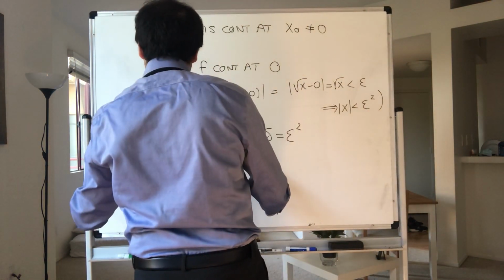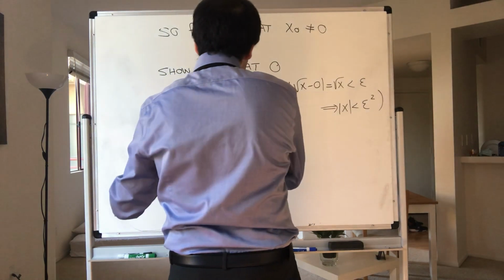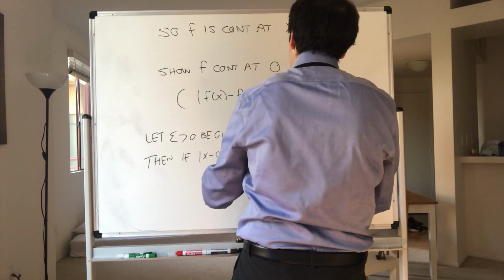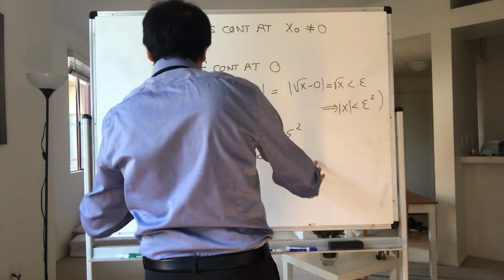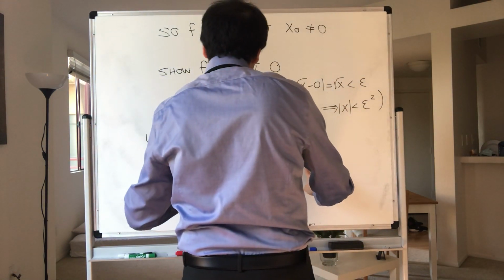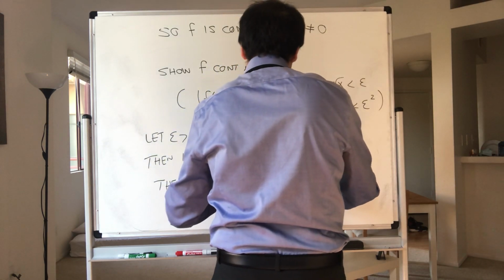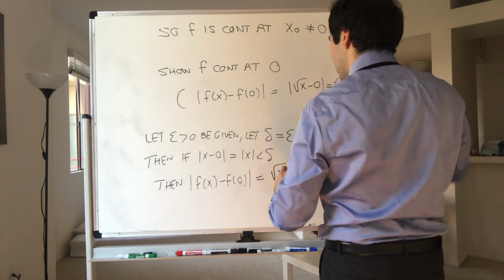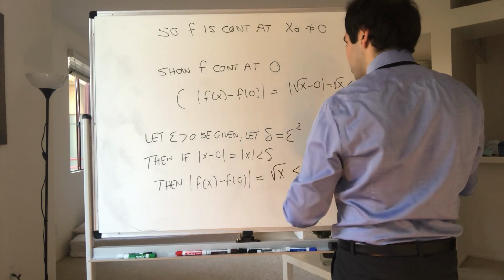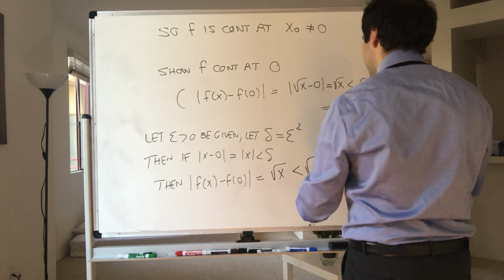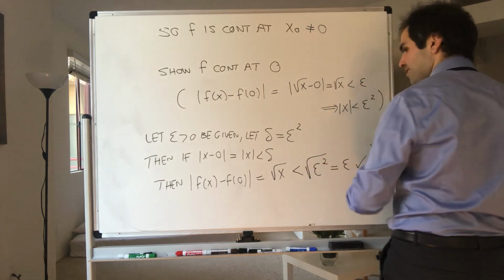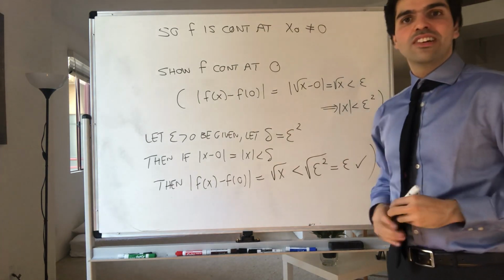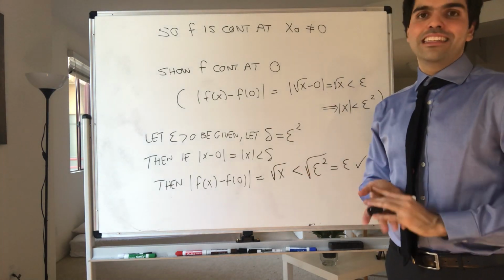Then if, let's say, |x minus x naught|, which is the absolute value of x, is less than delta, then |f of x minus f of x naught|, again we just saw this is square root of x, but square root of x is less than square root of delta, which is square root of epsilon squared, and that's epsilon. And then we're done. So f is also continuous at 0, so it is continuous at all non-negative real numbers.